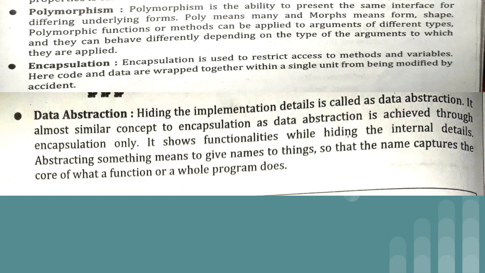We do not show this information to the user, because if the user wants to withdraw, the machine should dispense cash. But in the background there are many activities, which are called implementation details. So we hide the implementation details from the user and display only the specific information the user wants. That is called data abstraction.